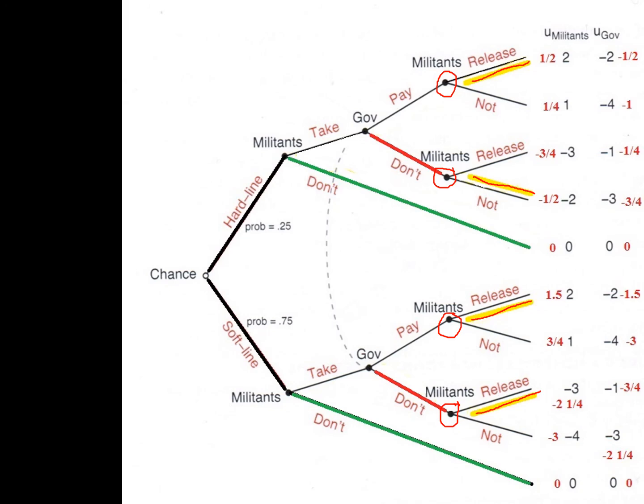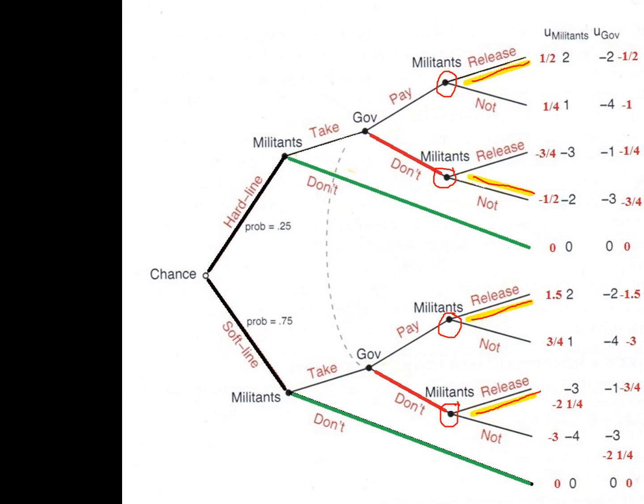So we can see those values in red under the government's utility. Now the government, when it makes a choice, it has to make it consistently for both the hardline militants and the softline militants. It has to make the same choice for both, not knowing what the precise identity is. But it does have the probabilities.